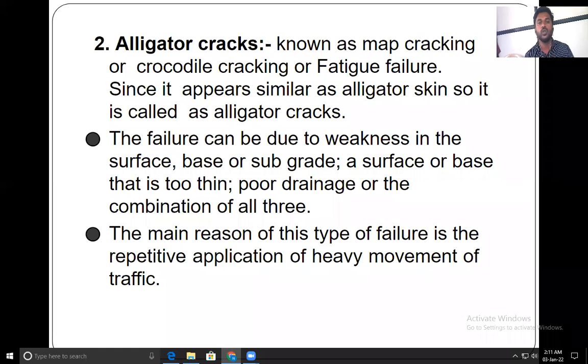So what is an alligator crack? An alligator crack is also known as map cracking, crocodile cracking, or fatigue failure. Why is it called map or crocodile cracking? Because the shape of that crack looks like the skin of a crocodile or looks like a map.